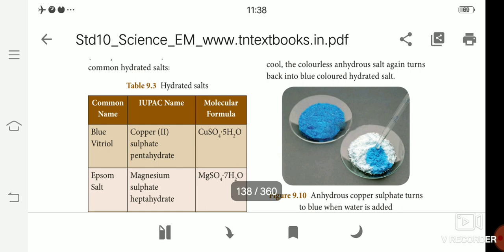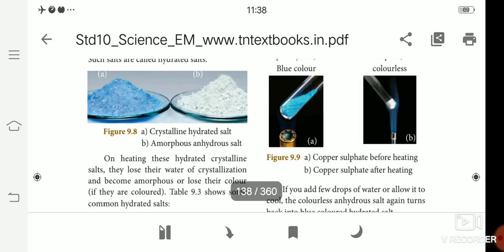You take the copper sulfate salt, which is blue in color. When the copper sulfate salt is heated, the blue color is converted into white. The blue color is the crystalline form and the white color is the amorphous salt form.